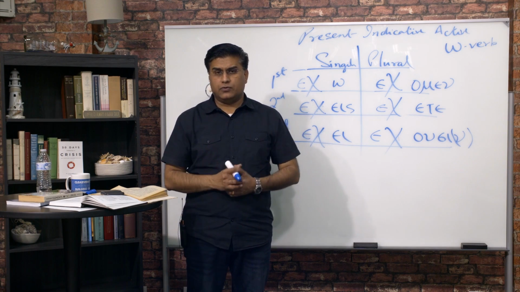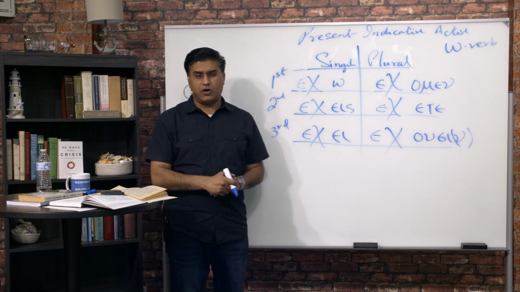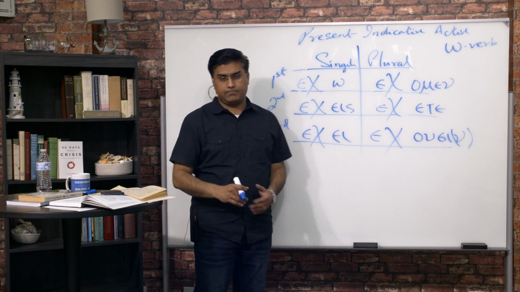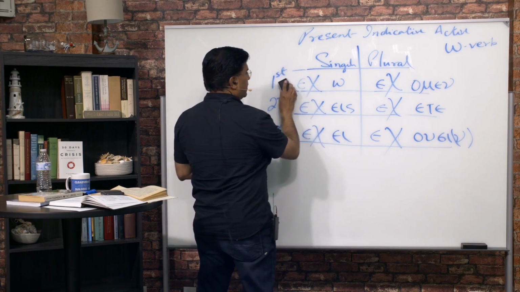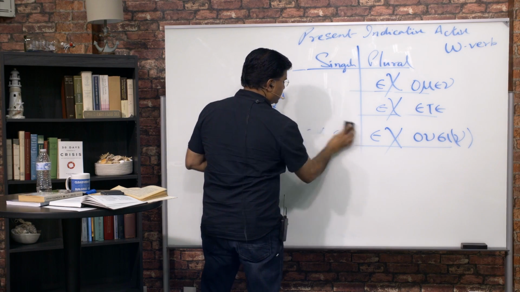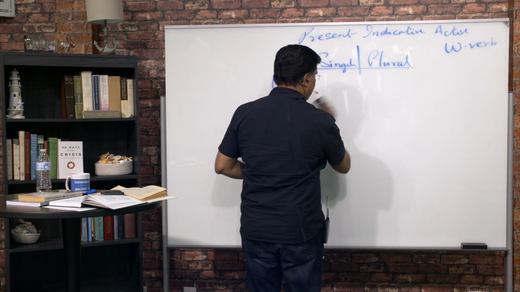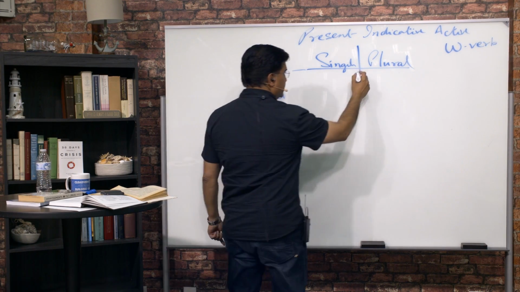If it was lu, you know that's loose. But if it's ek, we're talking about the word have. And then look at the ending. So let me write it the way you will see this word in a sentence.